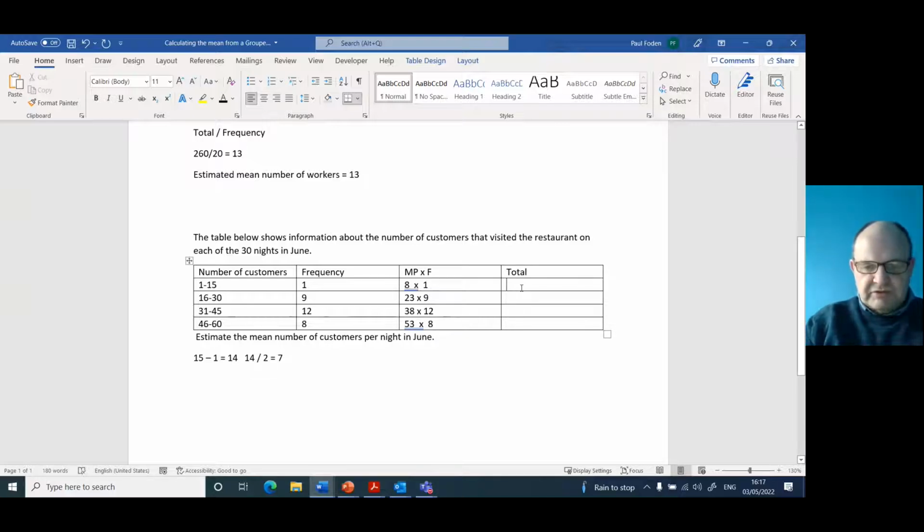We're just going to work those out. 8 times 1 is 8. 23 times 9, again be careful if you're putting this on a calculator that you input the right numbers, is 207.